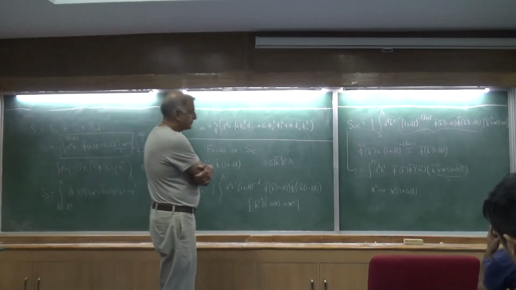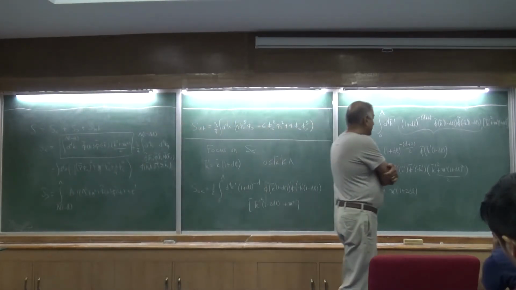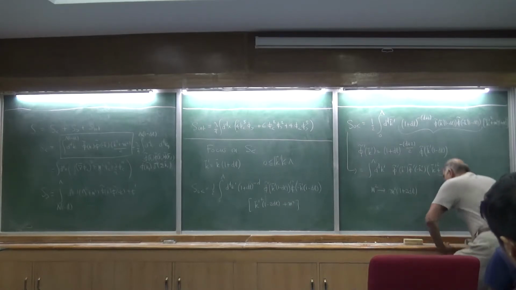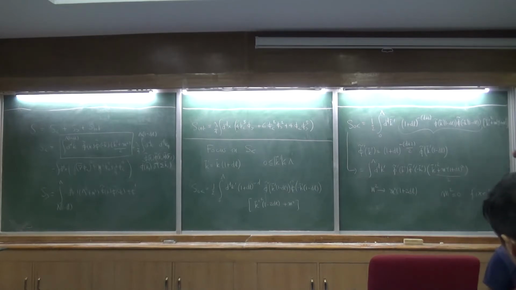This means basically that if I had m squared equal to 0, that's a fixed point. You agree? Just for this. There are of course millions of other fixed points, and we'll get to those in a minute.